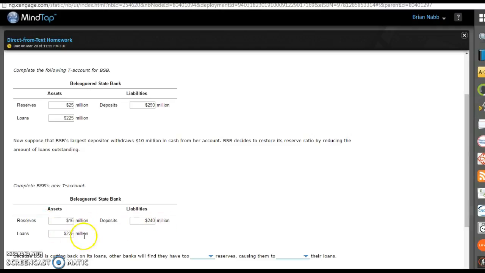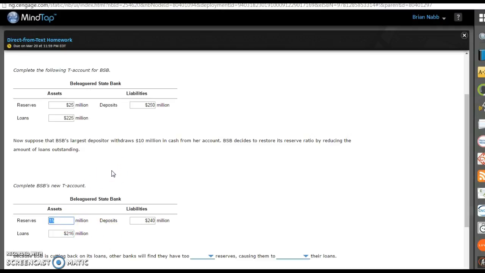And now, as you can see, we're balanced, but we're not meeting our reserve requirement, which would need to be 24 million. So the question asked you to call in some of the loans, to subtract 10 million from the loan side, which will put us at 215, okay? Or I'm sorry, 216, because you're only going to need 9.